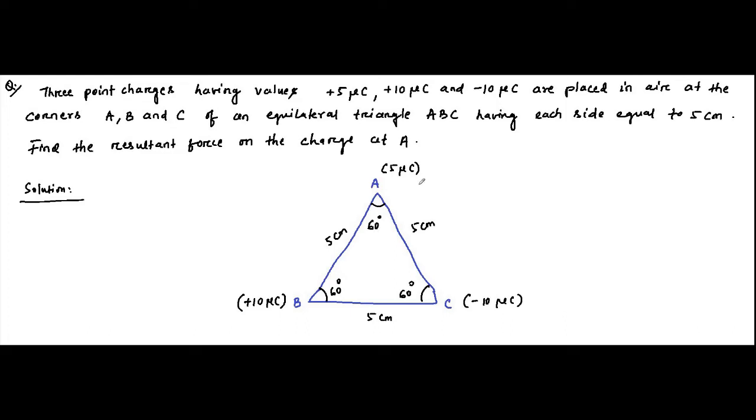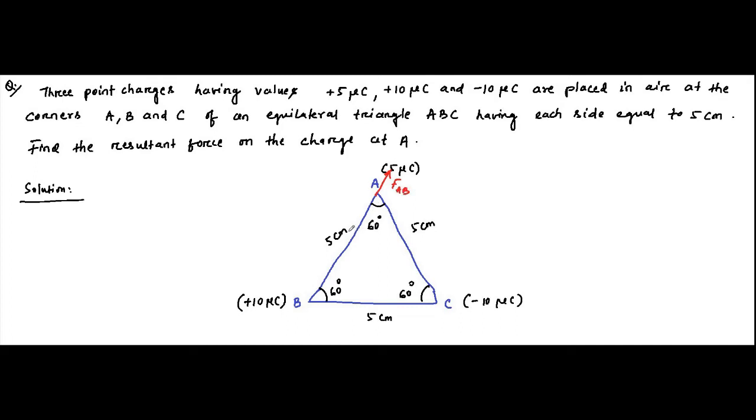The first force will be a repulsion force because of the interaction between plus 5 microcoulomb and plus 10 microcoulomb placed at A and B. Repulsion, so it will be directed away, like this. Let's call it FAB.